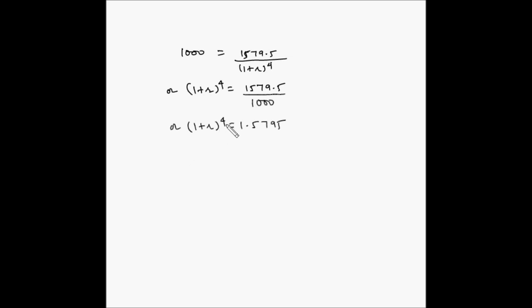Now let's take the fourth root of both sides. So 1 plus R is equal to 1.121, or R is equal to, now we'll take this 1 to the other side, so we get 0.121. So the rate is 12.1%. So this is the modified internal rate of return.